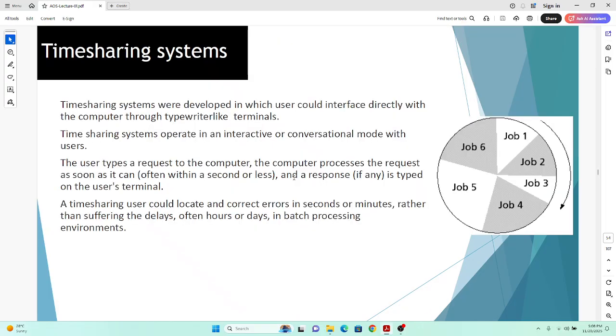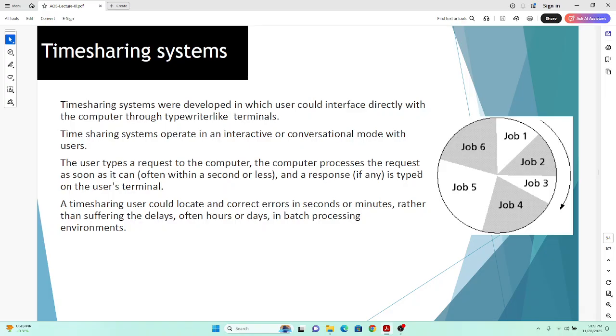So we will talk about time sharing system. I will briefly discuss it. Here it's shown that we have 6 different jobs and we allocate a particular share of time for each job to be executed. We have a typewriter-like terminal, and we make a request to the computer, then the computer processes the request and sends it back to the user.